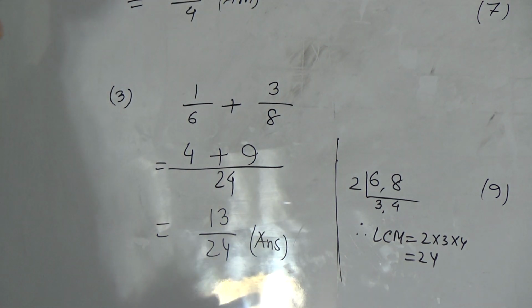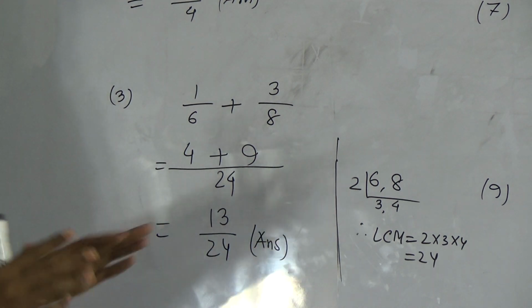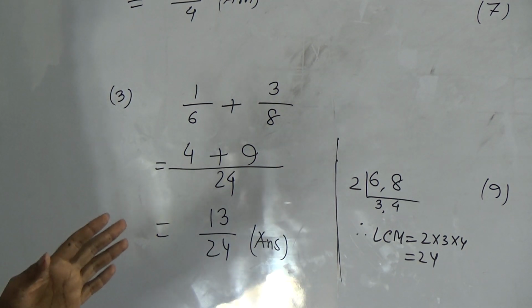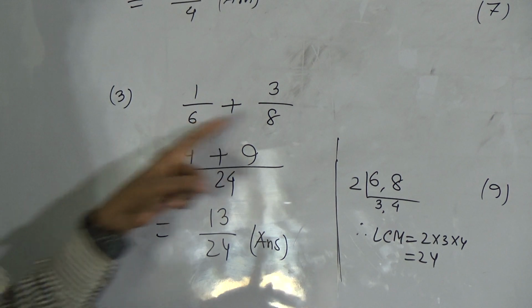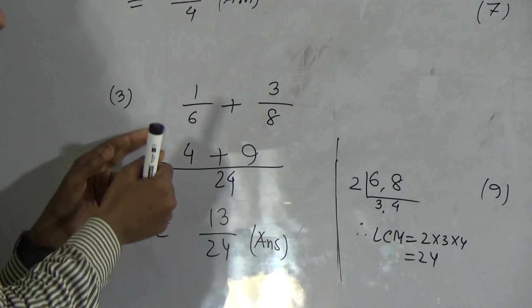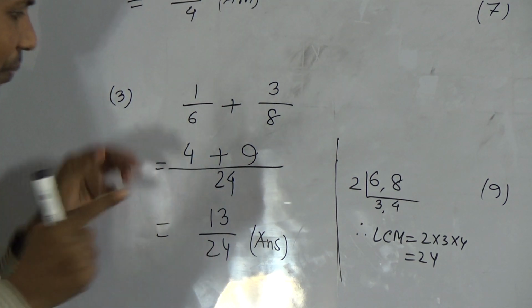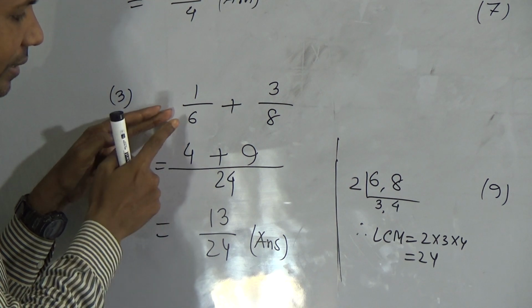Okay, student? Student, you see question 1, 3, all rules are same. But what we do at first, we do the LCM of 6 and 8. Then you get 24. Now second step, what is the second step? Divide 24 by 6.